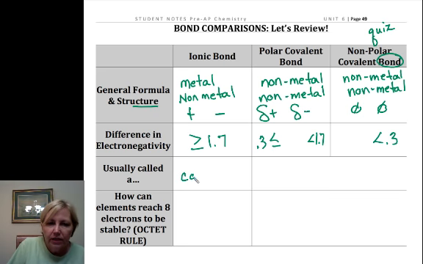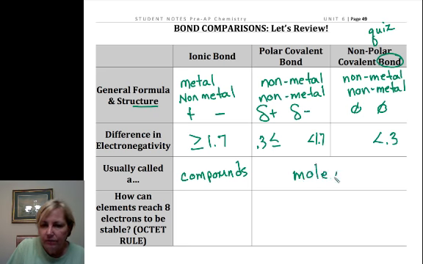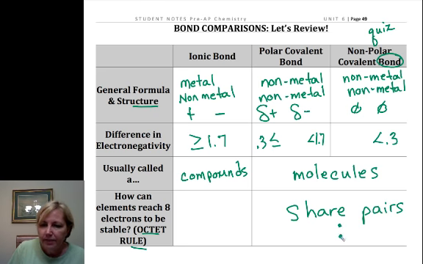These are usually called compounds. These are typically called molecules. How do elements reach that stable octet? Well, with covalent, they pair share. They share pairs of electrons, so we put them around in pairs.